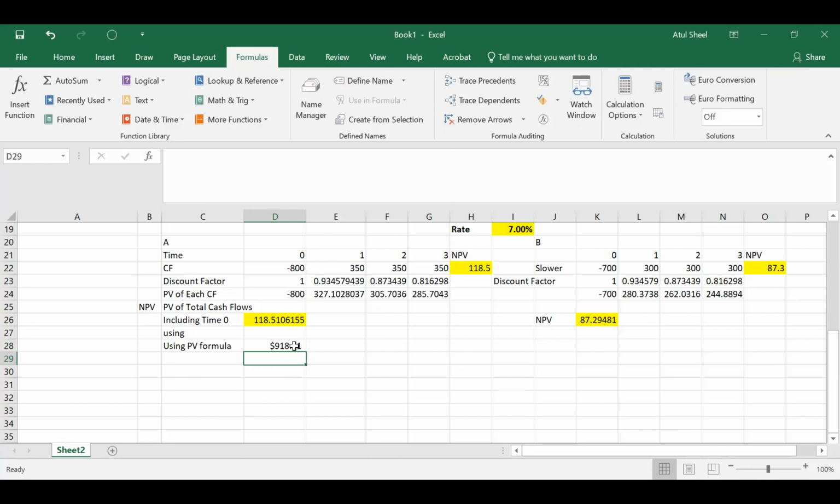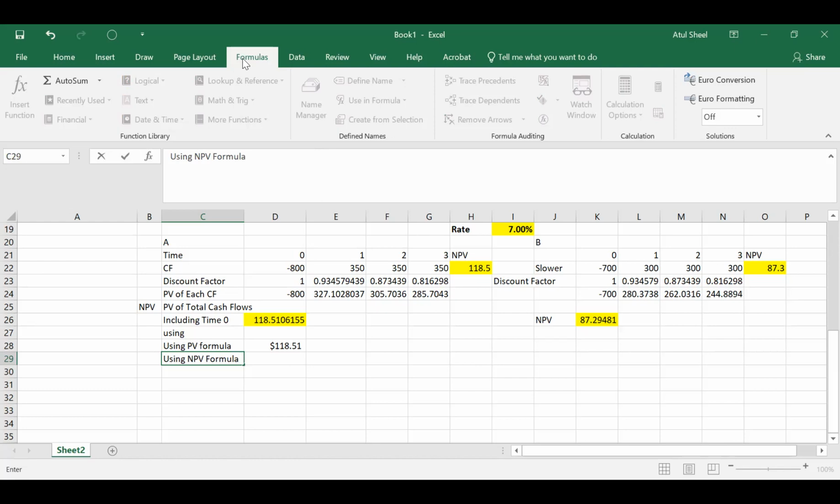So this is positive cash flow. Now I want to make it net of the initial investment. If your initial investment is already given as a negative number, then you add the investment. This is already a negative number, so I add the initial investment. So it is $118.51. Same thing, using the present value formula. Got it? You can use the NPV formula. Using NPV formula.